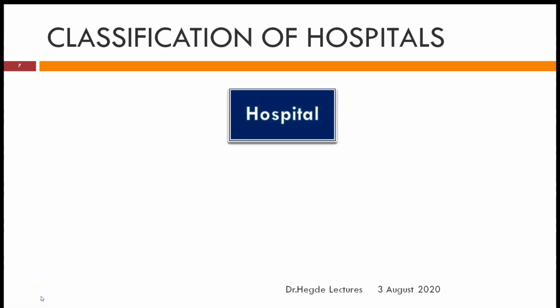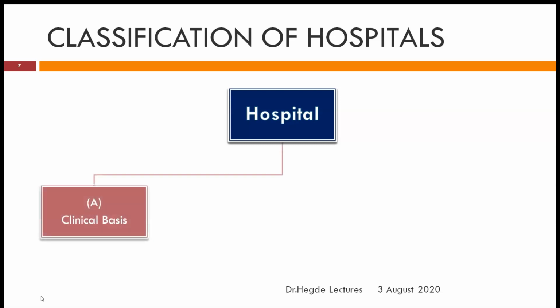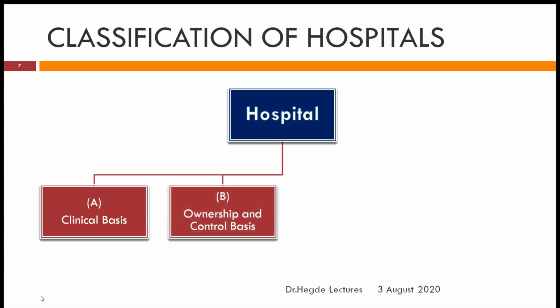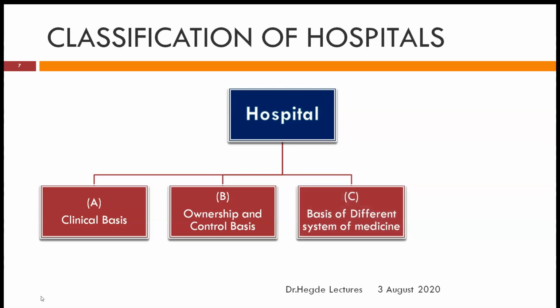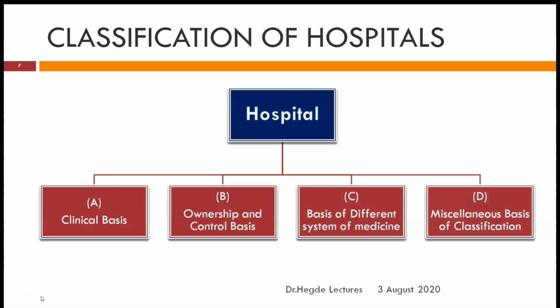Now, let us classify the hospitals into different categories. Here we can see the classification of hospitals one by one. The hospitals are mainly classified on the clinical basis of classification, the ownership and control basis of classification, the basis of the different systems of medicine, and lastly the miscellaneous basis of classification.